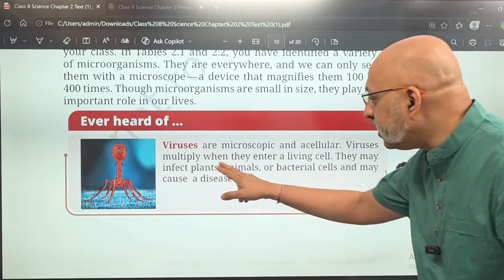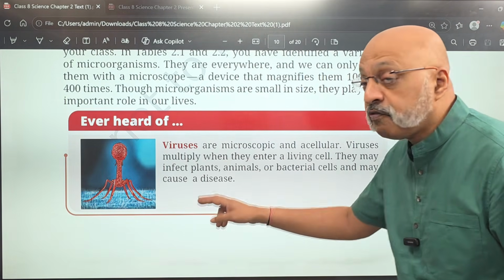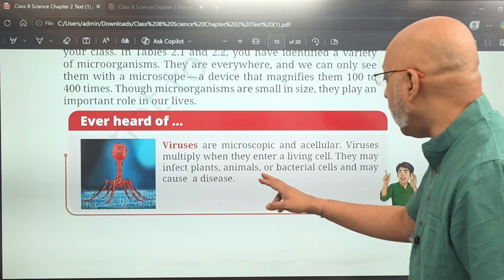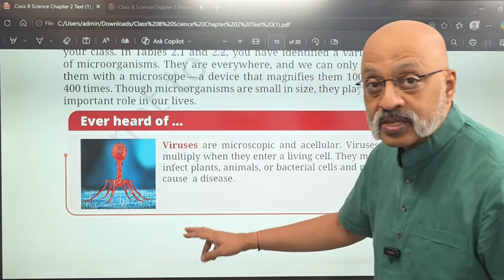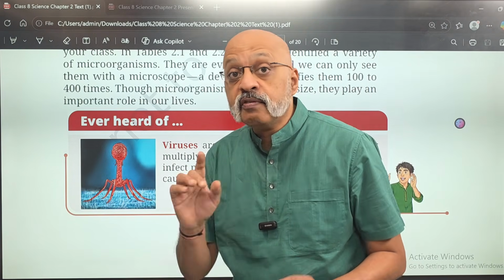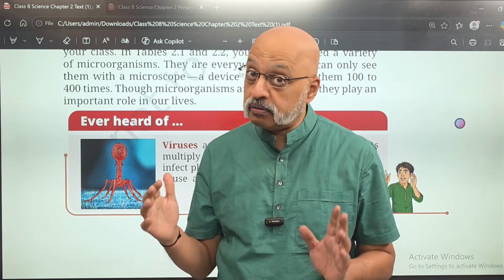So viruses multiply when they enter a living cell. Very important. They may infect plants, not just humans and animals, or bacterial cells, and they may cause a disease. Though I must also point out that bacterial infection is sometimes even more dangerous than a viral infection.